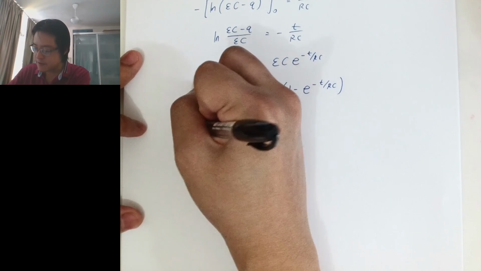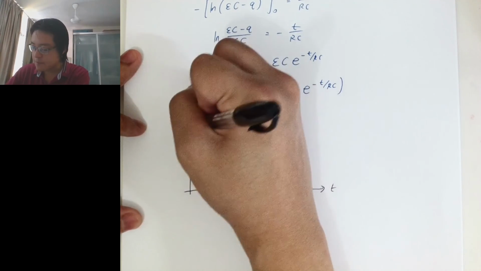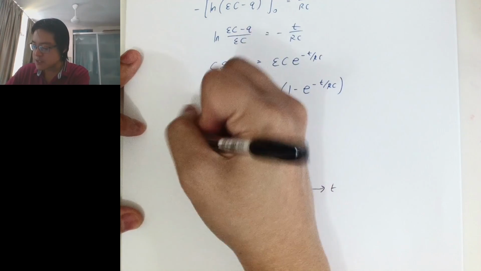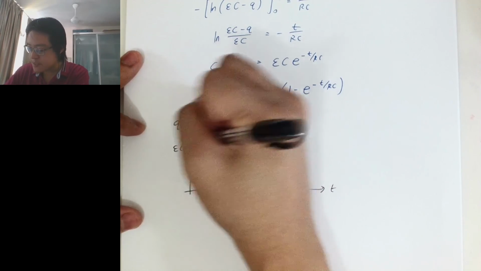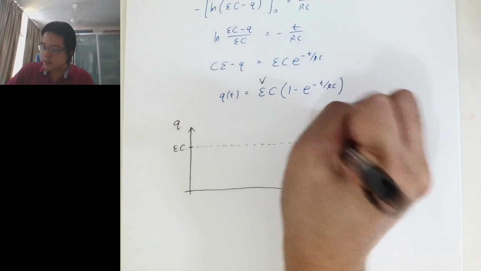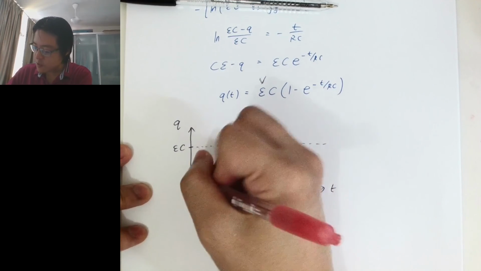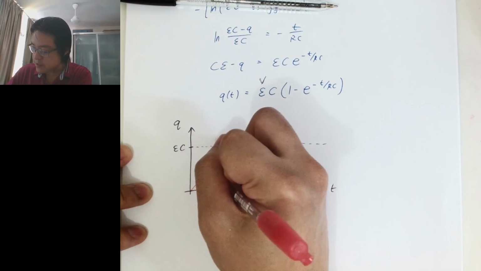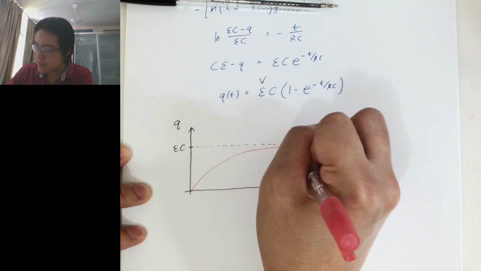If you see the graph, it's going to look like this. So this is how it changes over time, right? The charge on the capacitor is asymptotic to EMF times the capacitance, and it is a 1 minus exponential graph. At time 0, the charge is 0, and then it increases exponentially, but asymptotically approaches this line.